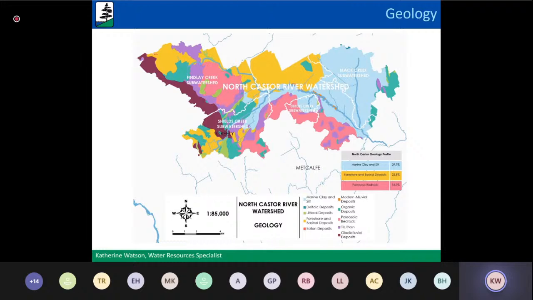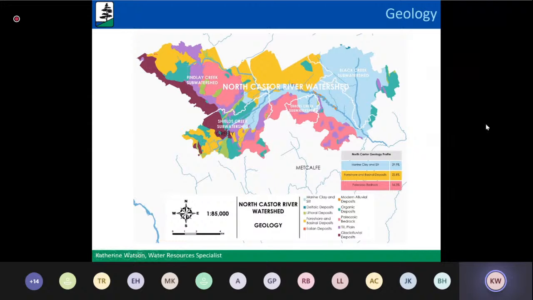So the two main areas I wanted to just point out are that maroon color on the western side of the catchment. Those are glacial-fluvial deposits, which are really essential to contributing to base flow for this system. And the other one being that light blue, that marine clay, which tends to be our class 1 to 3 agricultural soils and lends itself very well to agriculture.